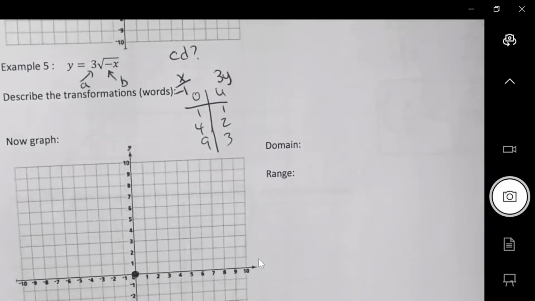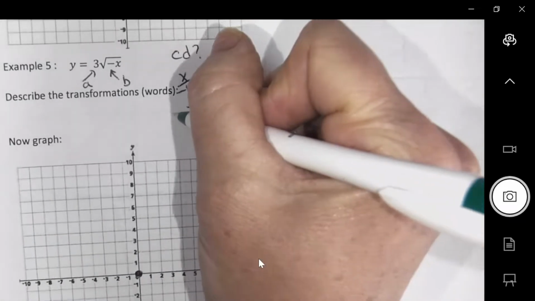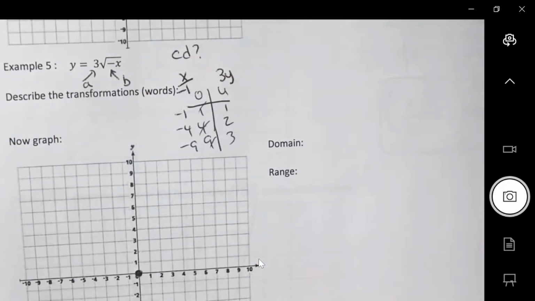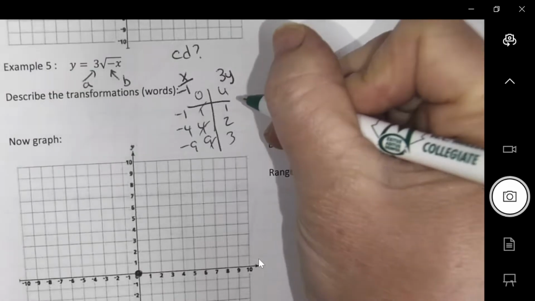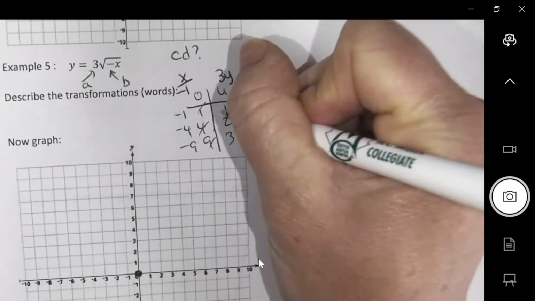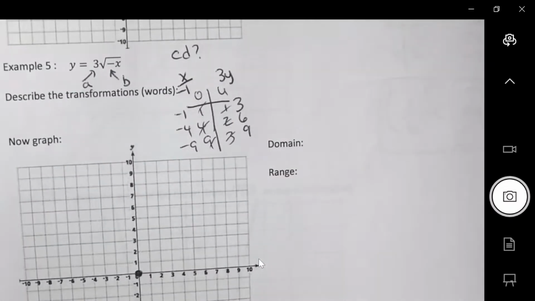Because that's what we do with our B's, that's what we do with our A's. So this is going to all change to be negative. And 3, 6, 9. So that's my new movement.